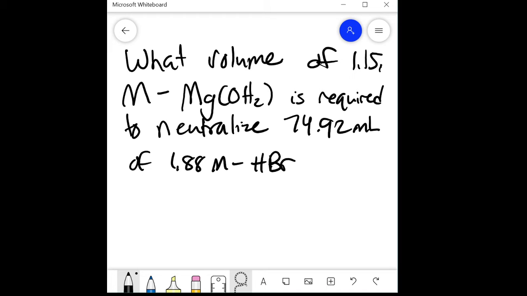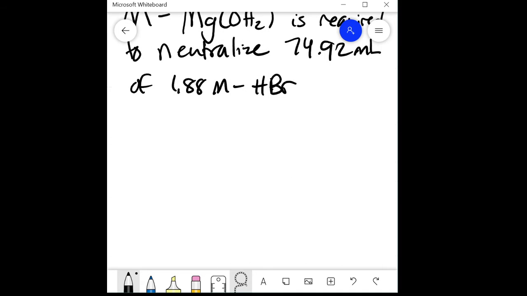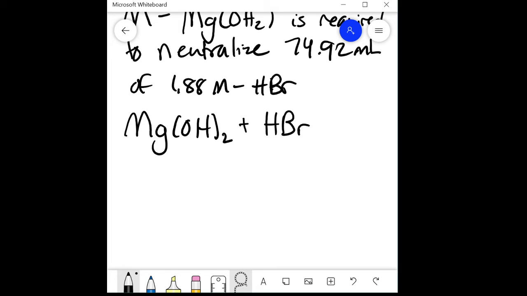Okay, so first step is we need to write the balanced equation. So we have our base. Bases are hydroxides. You remember that. We have our acid. We see the hydro, so that means there's no oxygen, and we just know it's hydrobromic.